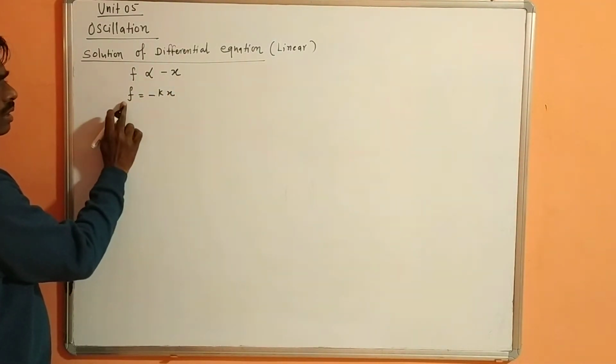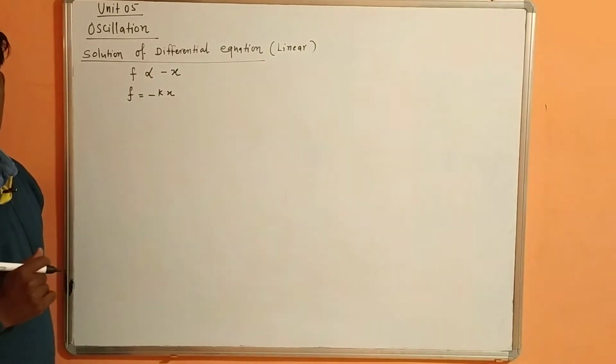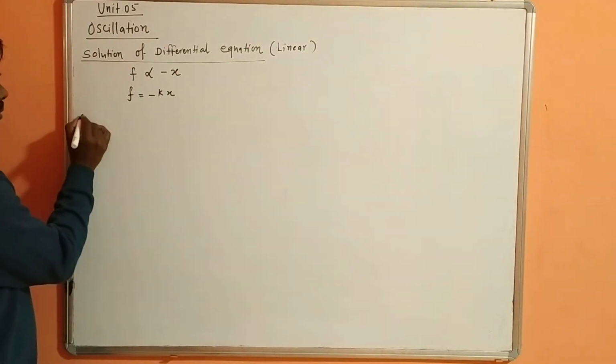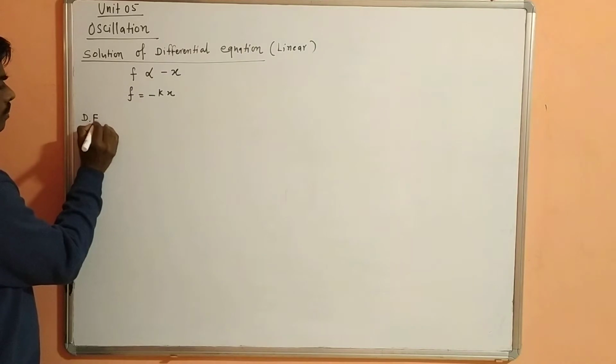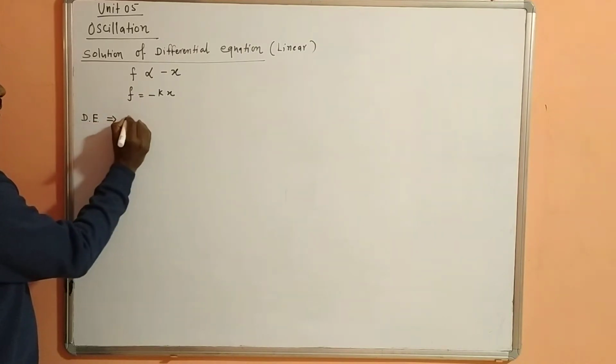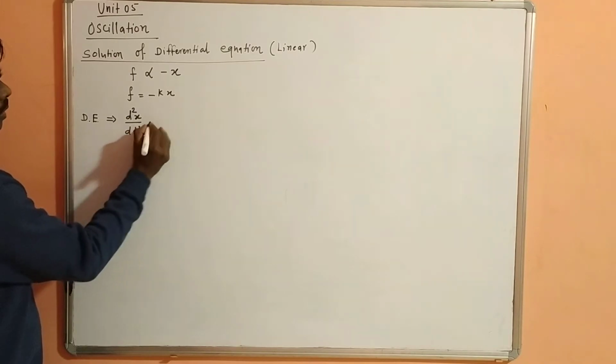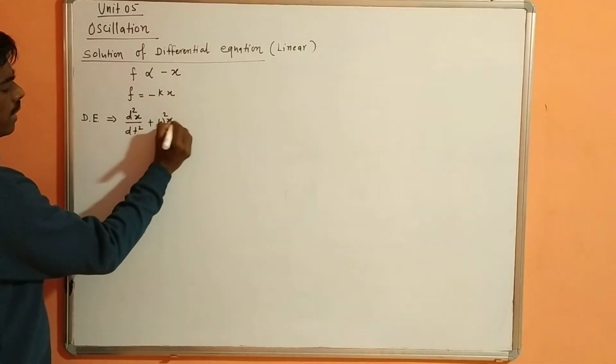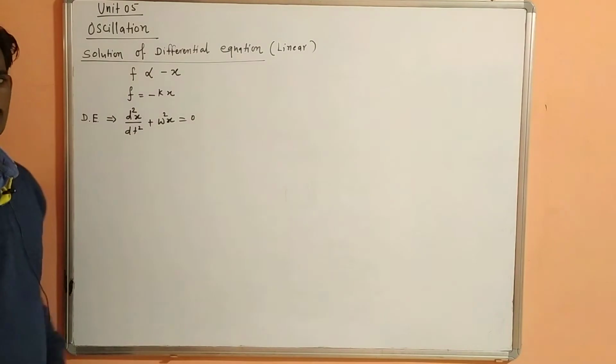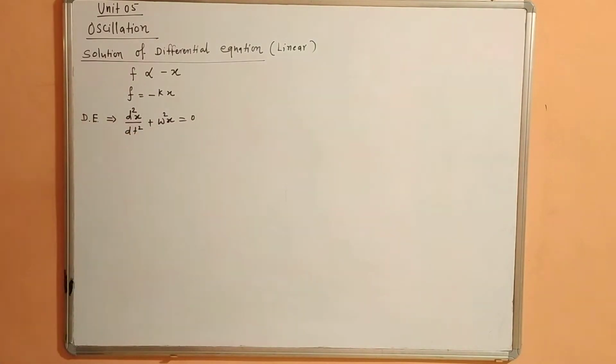And from this equation, in last video, we have obtained differential equation for linear SHM, and that differential equation is d2x by dt square plus omega square x is equal to 0. This is differential equation for linear SHM.